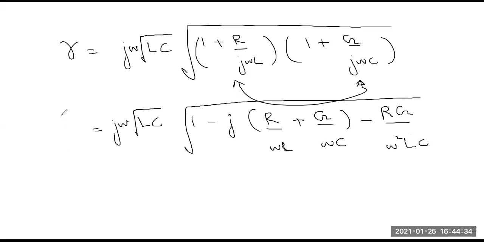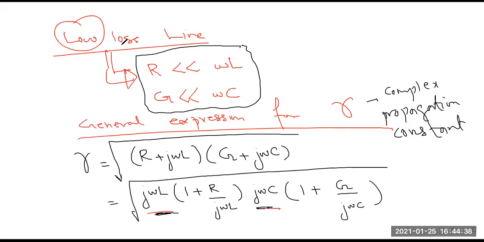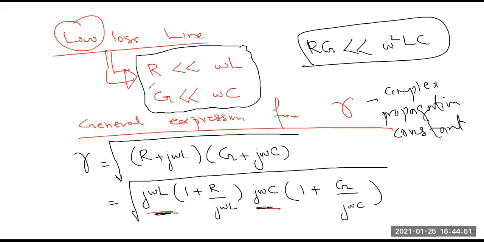Now at this stage, I make use of the condition: for a low loss line, R is very much less than omega L and G is very much less than omega C. So if you multiply them, RG will be even smaller than omega square LC.